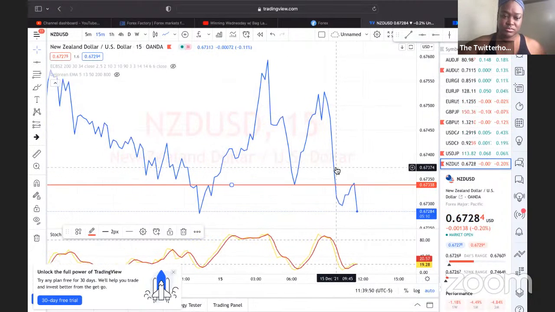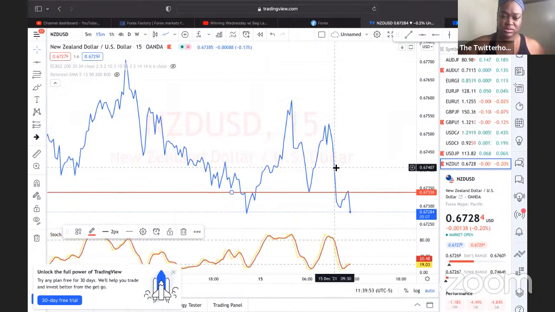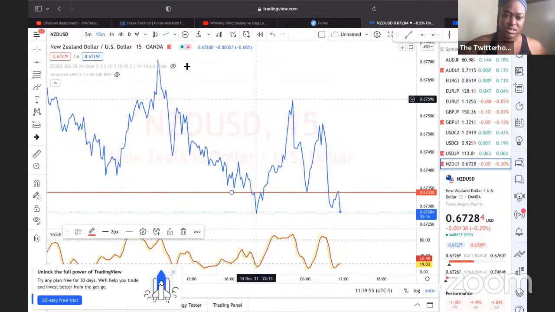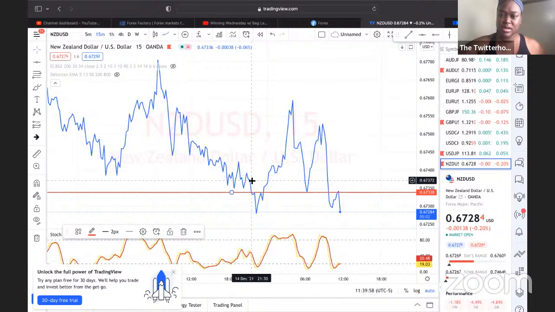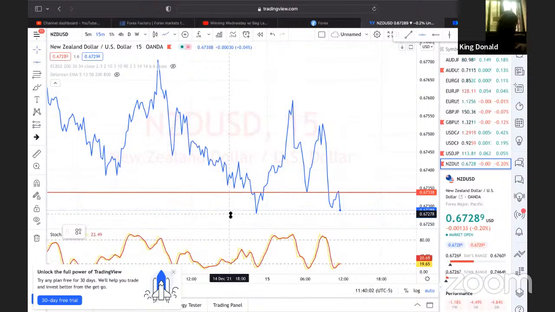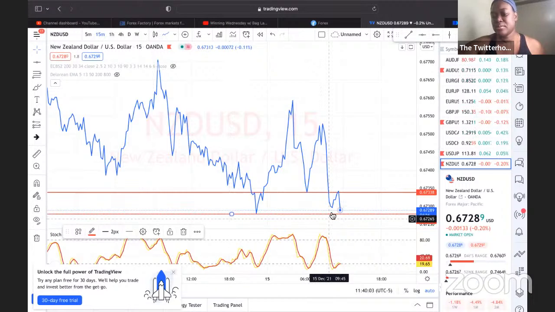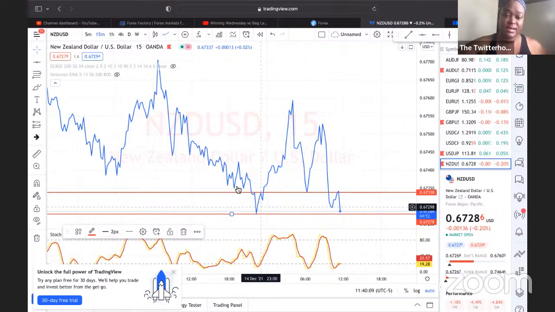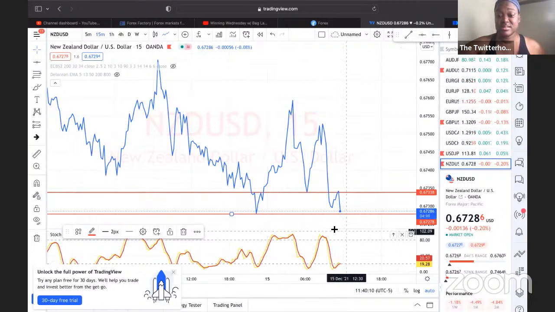So it needs to go down further and actually break out of here. And we can consider the retest.